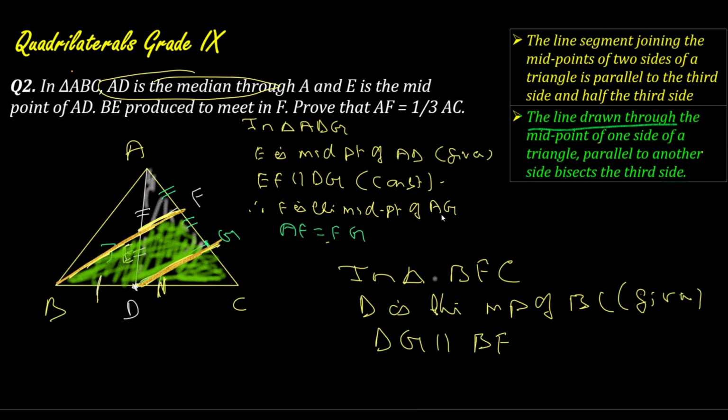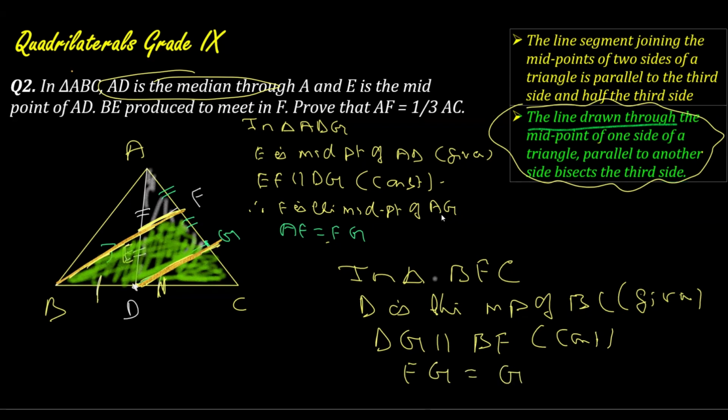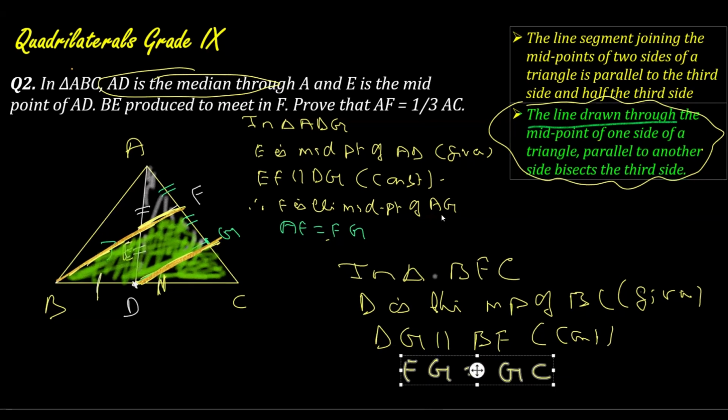So applying this property, the converse of the midpoint theorem, I can say that FG is equal to GC. Am I right? FG is equal to GC. And you can mark this as equation 2. So this is equation 1 and this is equation 2.